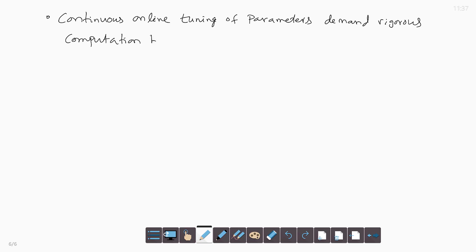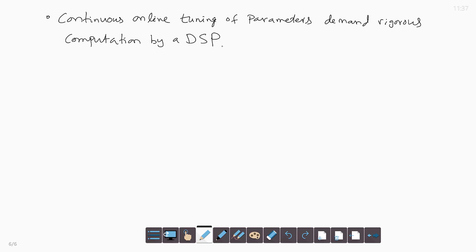So, for that a DSP, digital signal processor, is used for the rigorous computation required for continuous online tuning of parameters. As rotor resistance variation is slow, the time required for computation by the DSP is permissible.